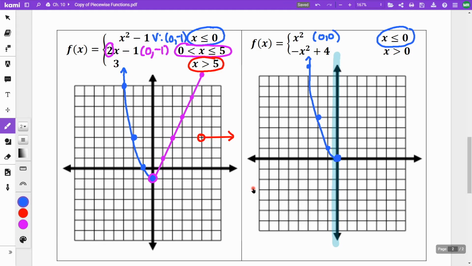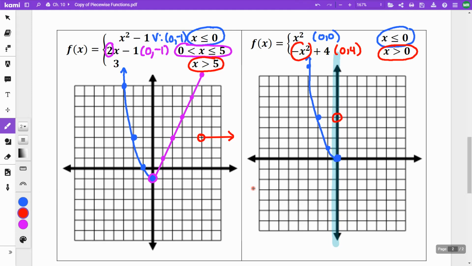Now, the other part is going to be greater than 0. The vertex for this is going to be 0, 4. So I'm going to go to 0, 4, 1, 2, 3, 4. Now, this is an open circle. Okay, the other one below was a closed circle. Now, this is a parabola that opens down, and it is still just an x squared, but it's negative.